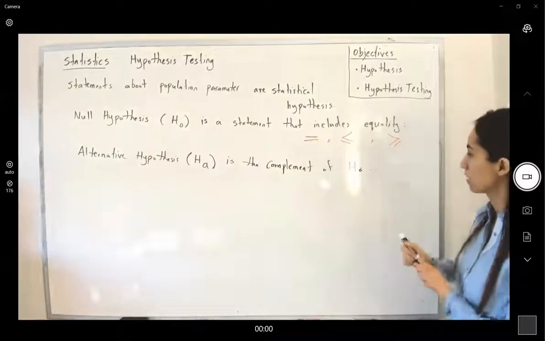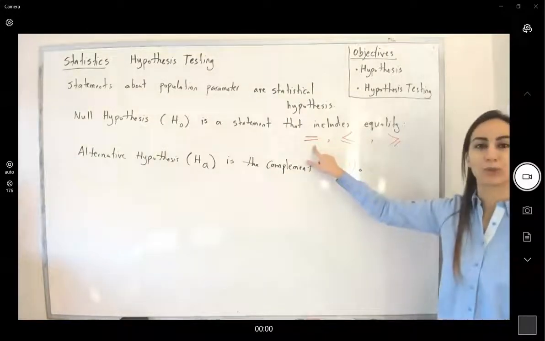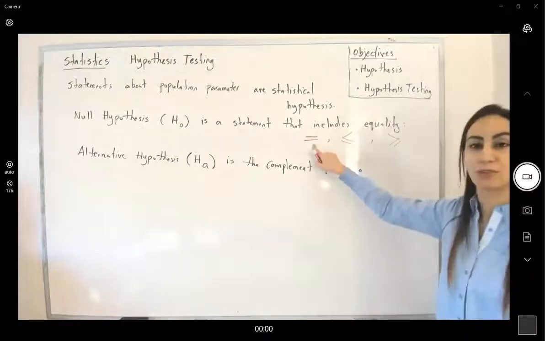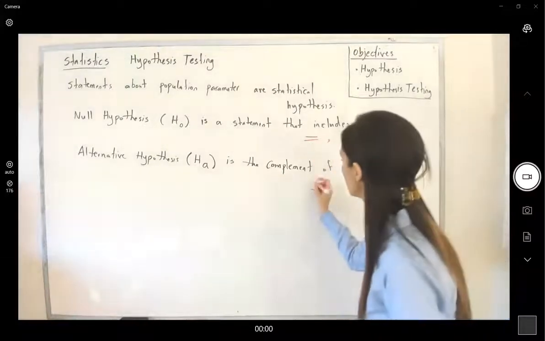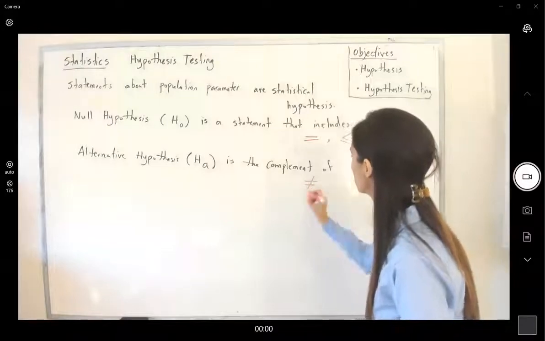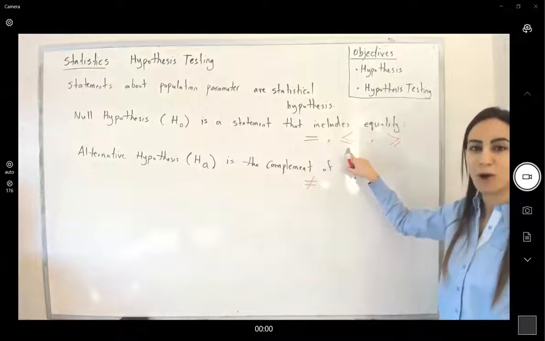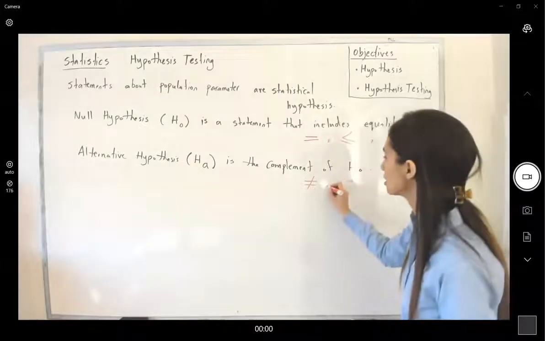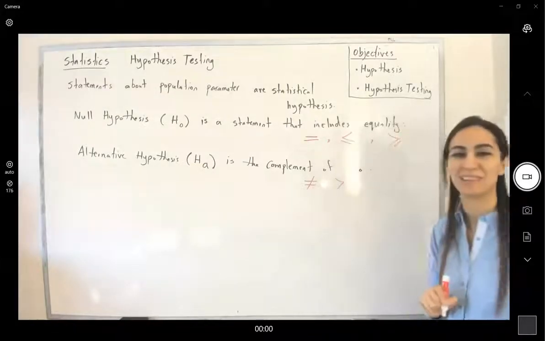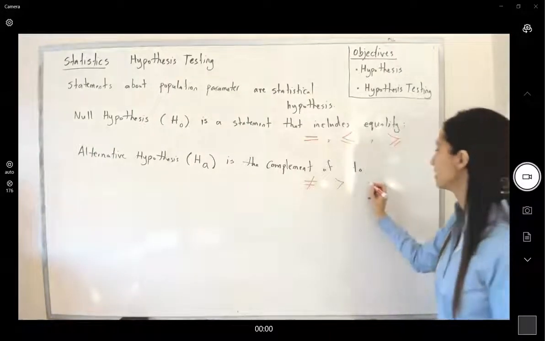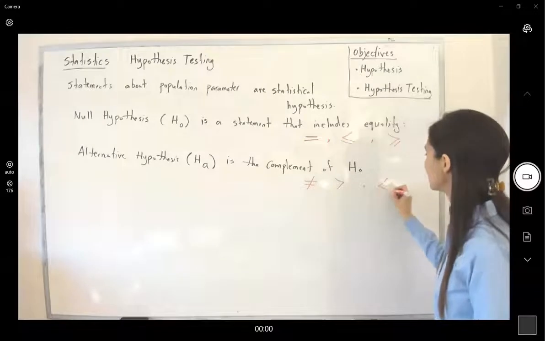So what is the opposite or complement of equal to? The opposite or complement of equal to is not equal to. What is the complement of less than or equal to? It's going to be just greater than. And what's the complement of greater than or equal to? Is less than.